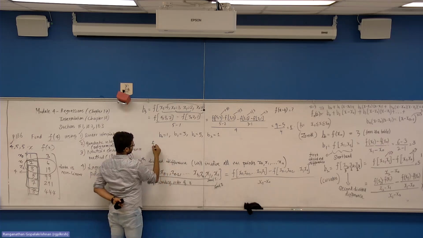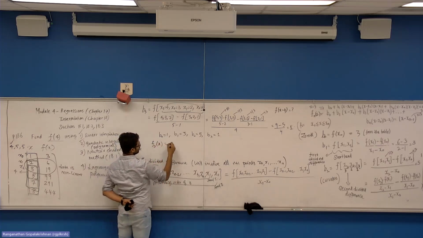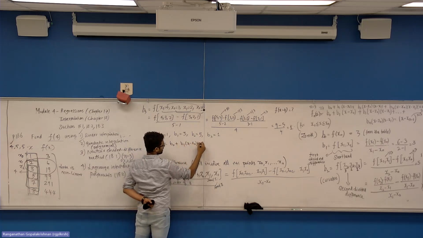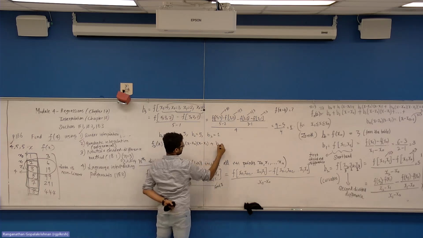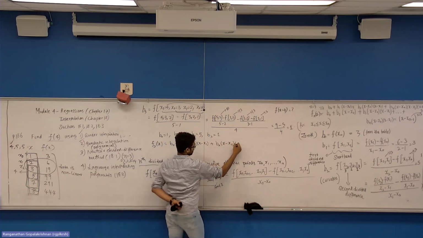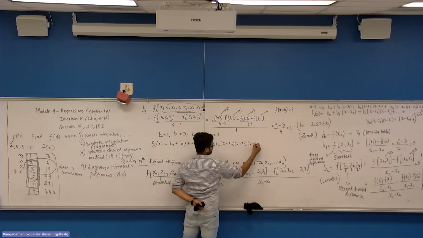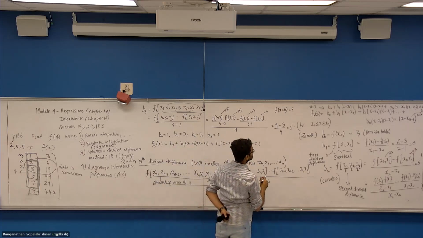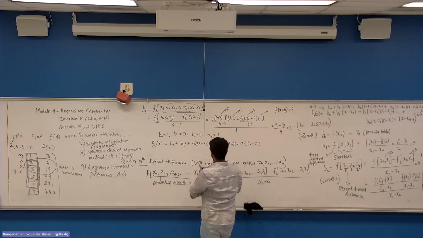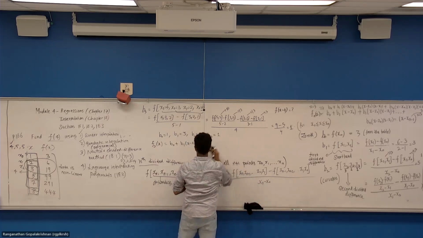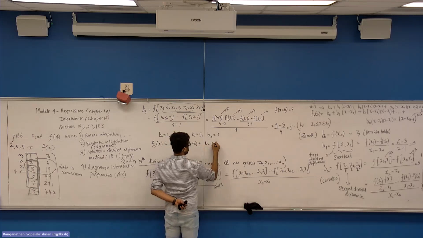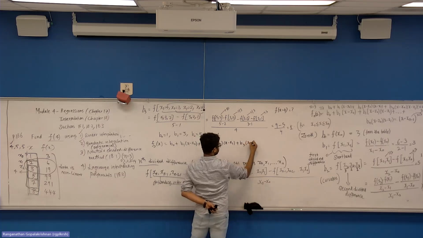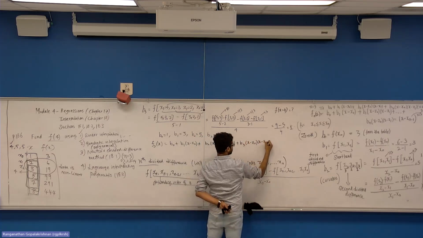We know that f3 of x equals b0 plus b1 times x minus x0, plus b2 times x minus x0 times x minus x1. Is that correct? No. Plus b2 times x minus x0 times x minus x1 plus b3 times x minus x0, x minus x1, x minus x2.